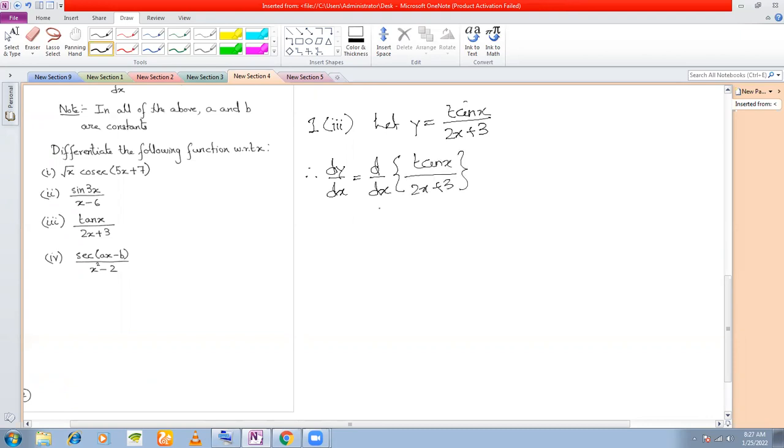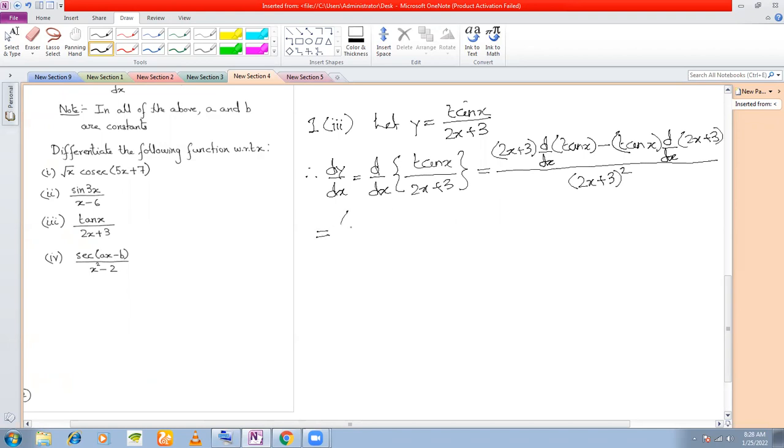U here is tan x and v here is 2x plus 3. So v into d dx of u, which is tan x, minus u, which is tan x, into d dx of v, which is 2x plus 3, divided by square of the denominator, 2x plus 3 square, right?